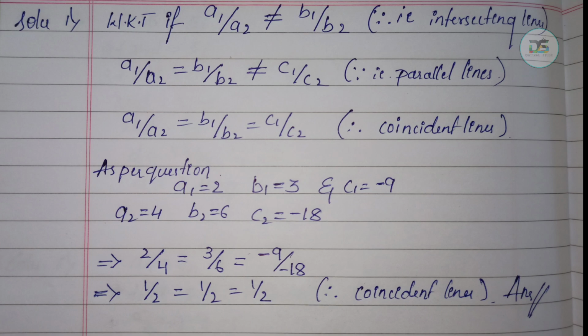And here a2 is equals to 4, b2 is equals to 6, c2 is equals to minus 18. Here 2 by 4, 3 by 6, 9 by 18, so we will get 1 by 2 is equals to 1 by 2 is equals to 1 by 2. So therefore the right answer is coincident line.